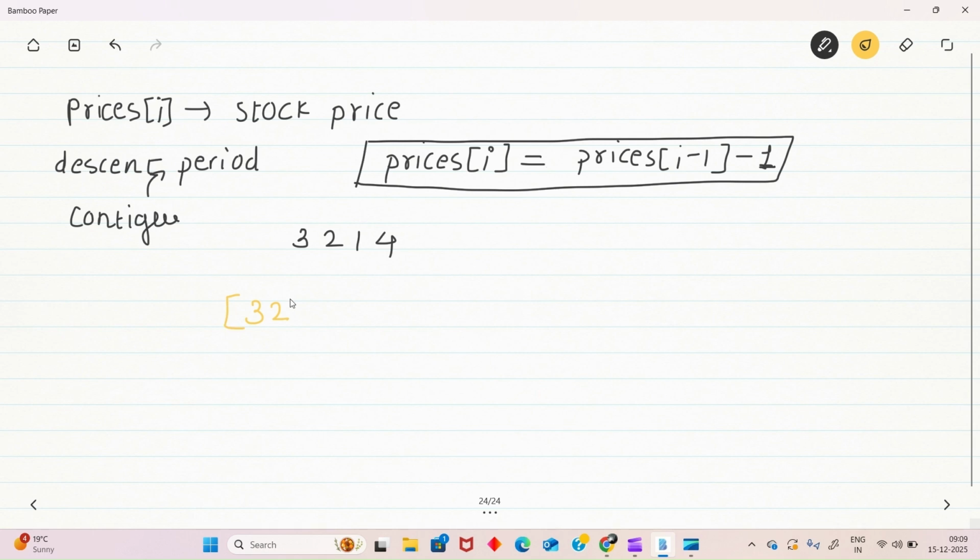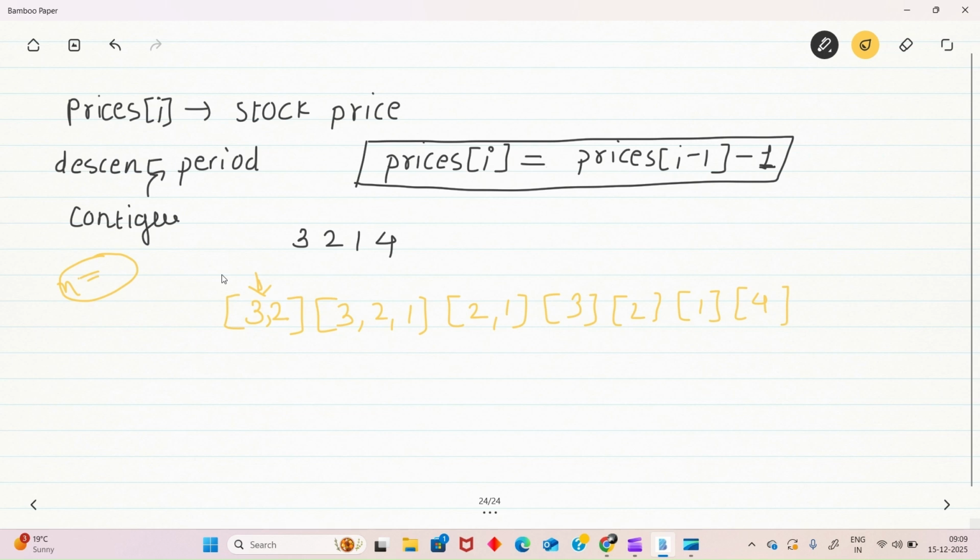We just have to return the number. That doesn't mean we have to find out and store them somewhere. So let's see: 3 2, 3 2 1, 2 1, 3 only, 2 only, 1 itself and only 4.